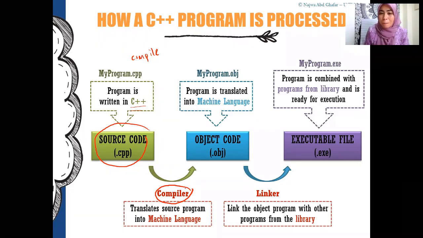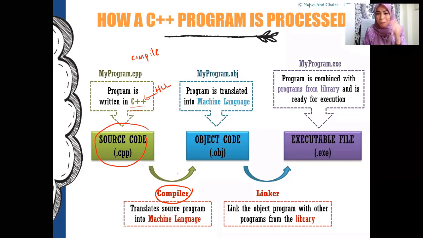Kenapa kita perlukan compiler? Sebab komputer tak faham bahasa C++. This is in high level language. Computer only understands machine language. So in order for computer to understand apa yang you tulis dalam bahasa C++, dia kena translate kepada machine language. That's why kita memerlukan compiler.